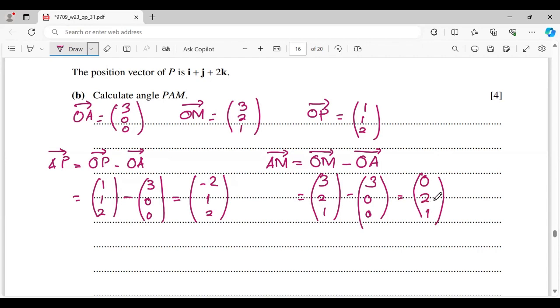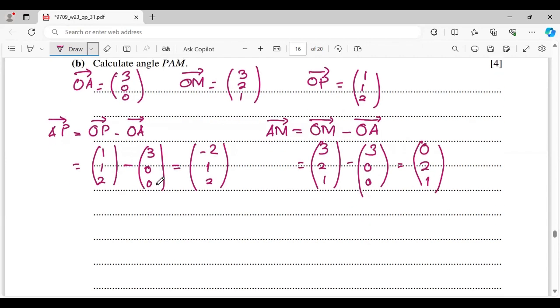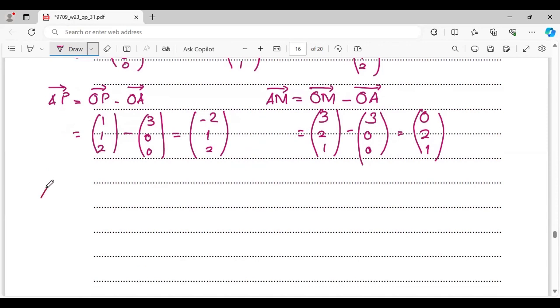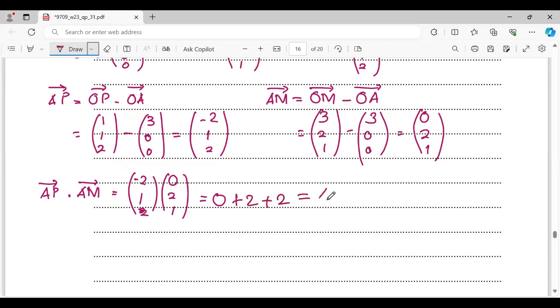This is AM. Next, AP dot AM is minus 2, 1, 2 dot 0, 2, 1, which is 0 plus 2 plus 2 equals 4.